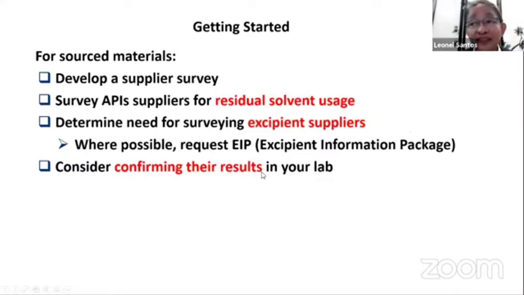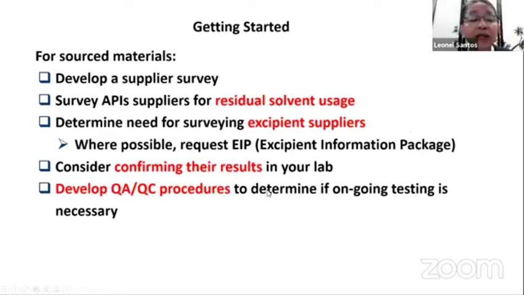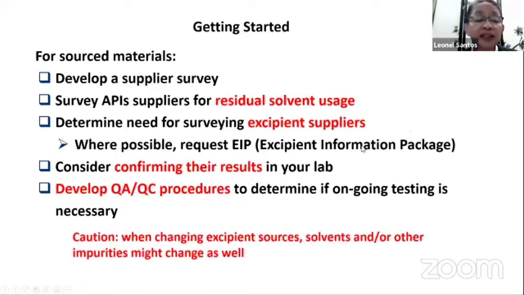If they say it has, possibly, chloroform, then you need to confirm that in your lab, and even develop a quality assurance, quality control procedure so as to determine if ongoing testing is necessary whenever you purchase these excipients. So every time you make a change in terms of where you source your material, it is a good thing to keep in mind.